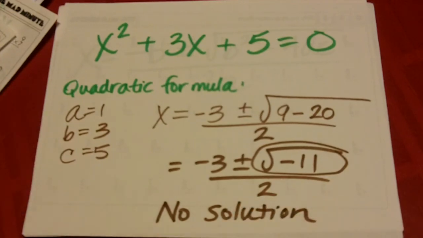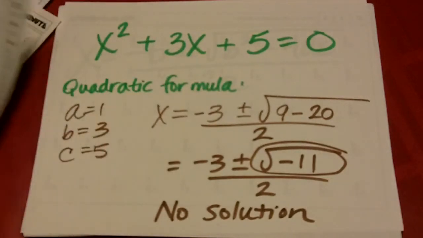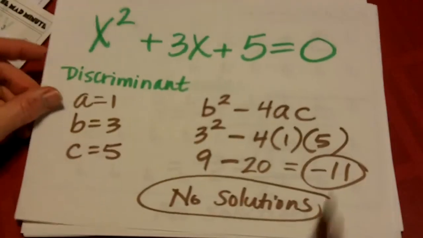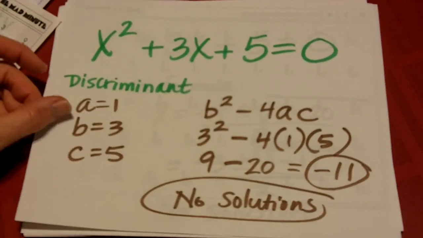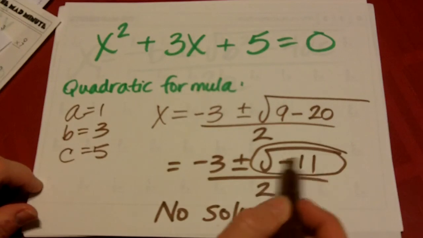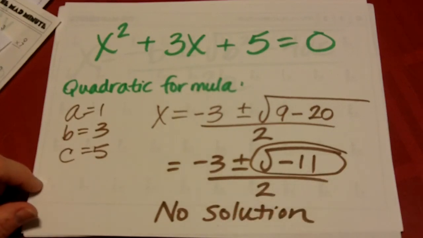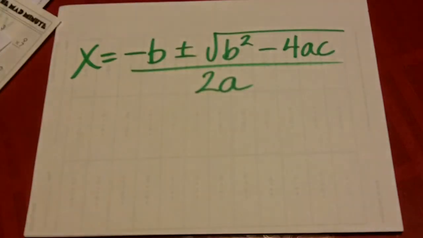Okay, so remember, if we go back to our discriminant, we found that we got a negative 11, which meant that we had no solutions. And indeed, when we solve the problem, we find out we have this impossible kind of thing going on because we just can't do that. So we end up with no solution.